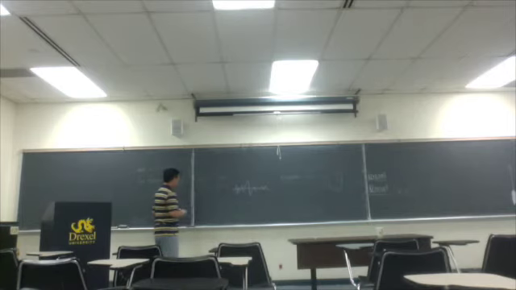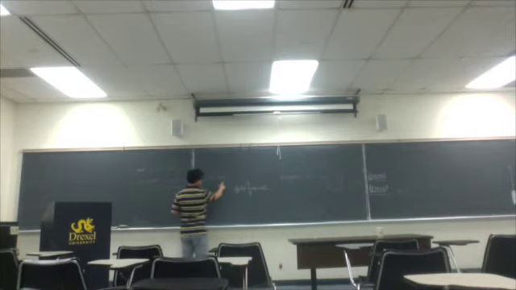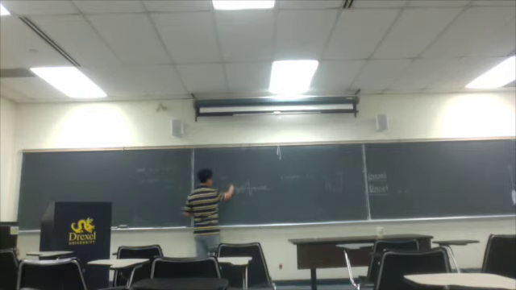Since this is discrete time, n must be an integer. We don't have a definition of, like, x of one half. This is not defined, so n must be an integer.